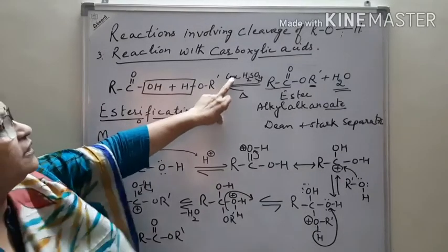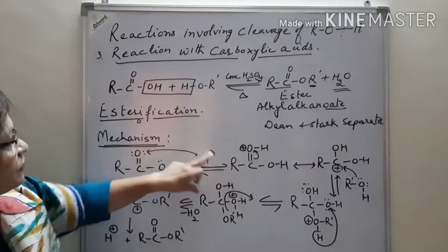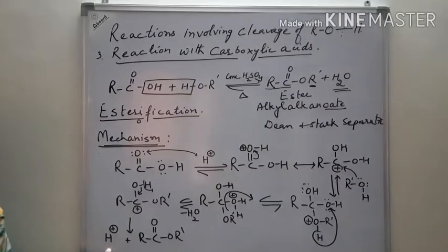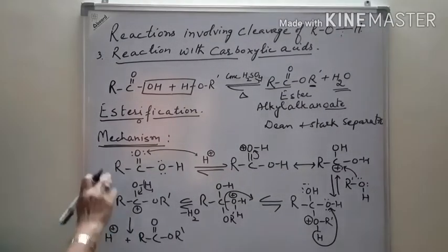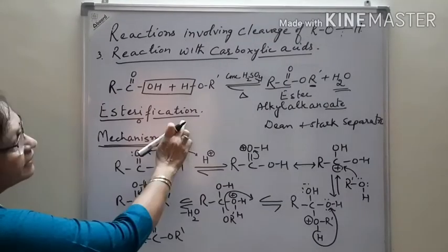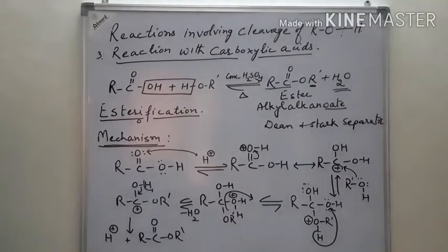That's why sulfuric acid is used as a catalyst. First we use it and then it is regenerated during the reaction, right? This is the mechanism for the esterification, right?